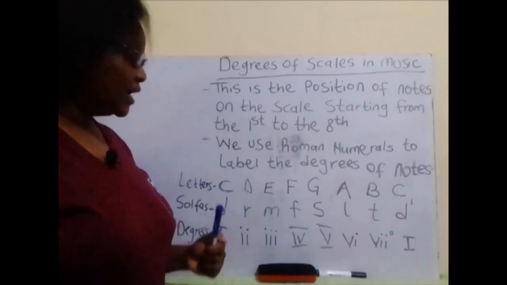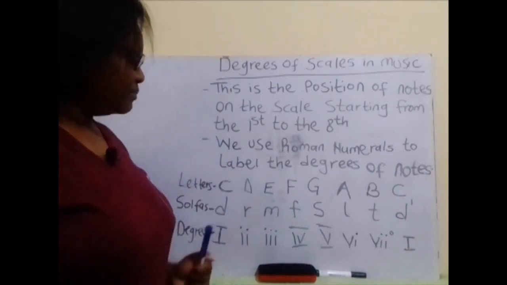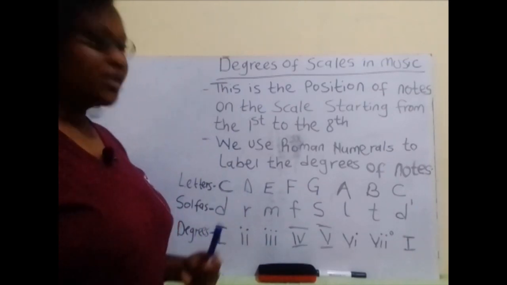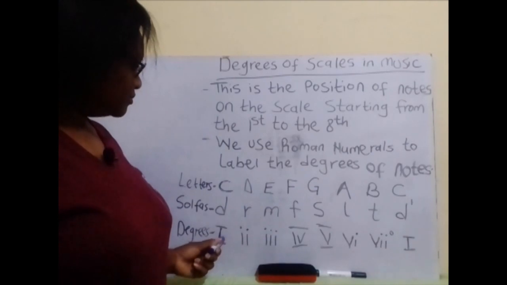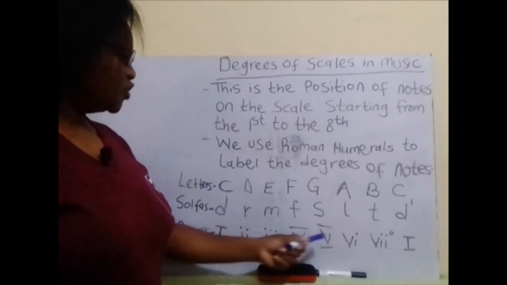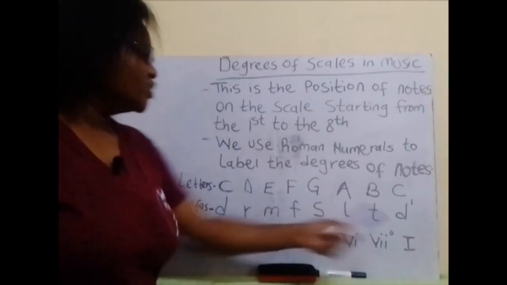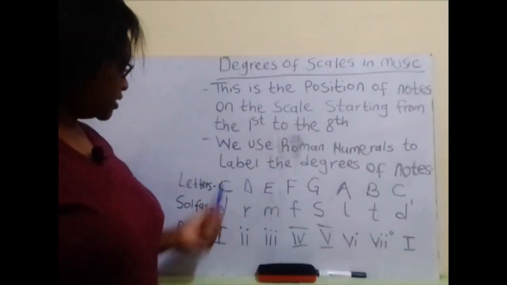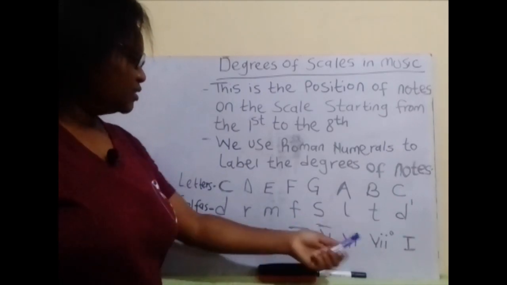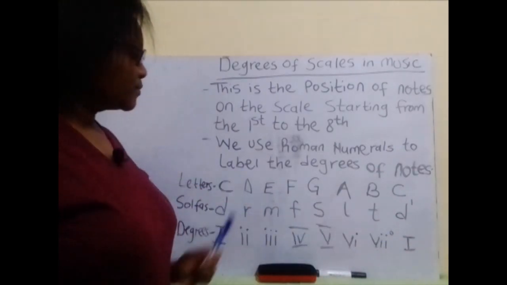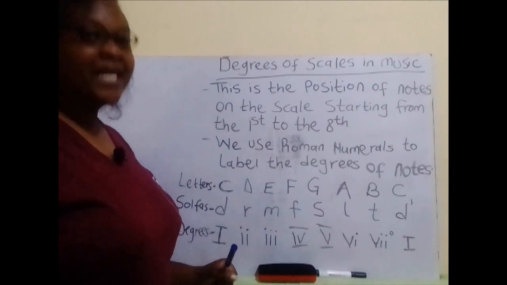It's a major scale, or a major chord. So, this one is major. This one is major. This one is major. And this one is also major because it is the same as this. And then 2, 3, 6, and 7, those ones will be minor.